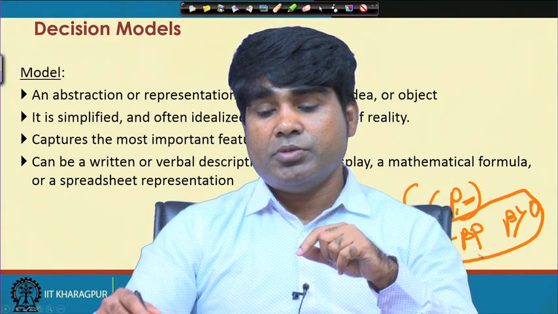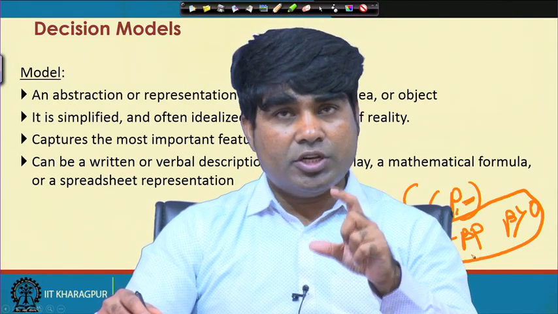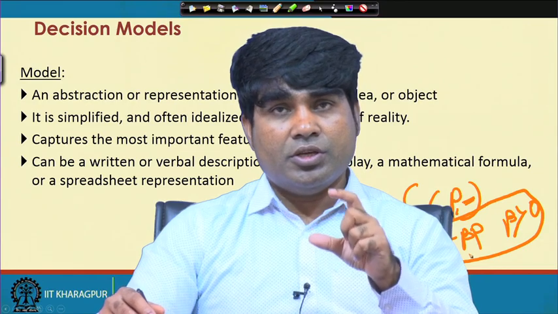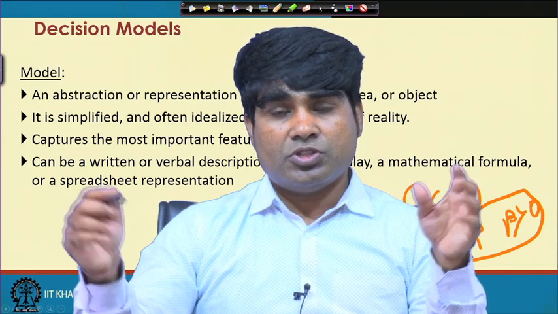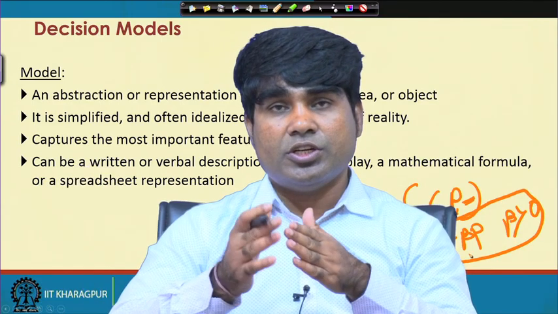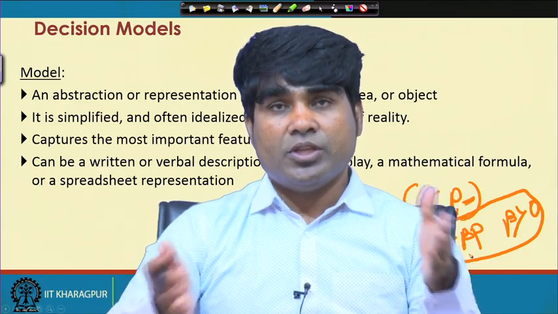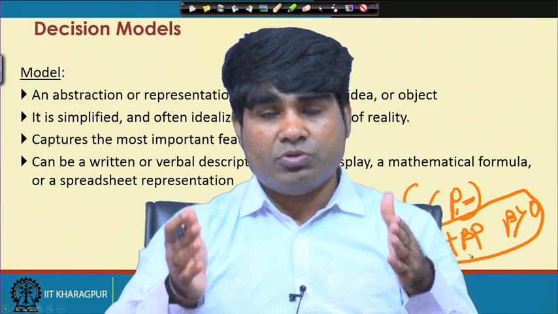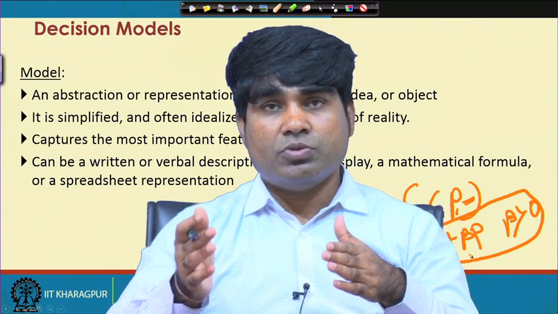This is simply a mathematical formula, but it visualizes the reality. Instead of saying a big statement, we put a particular equation, and that equation itself interprets the concept which you like to communicate.